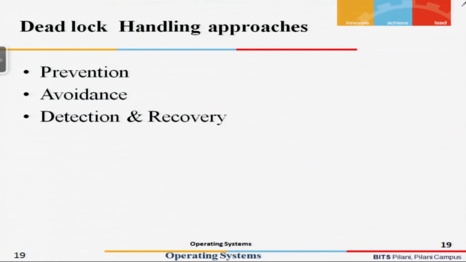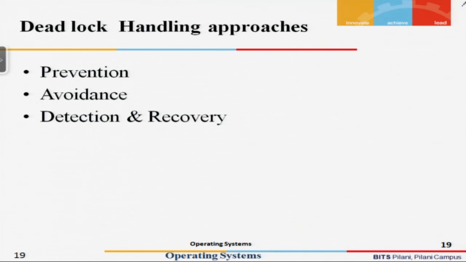So, having known that deadlock cannot be prevented, there are other approaches. We would try to focus on whether we can avoid the deadlock from occurring, and we would notice shortly that for avoiding the deadlock, certain additional information is required to be known a priori. We will find out what it is.